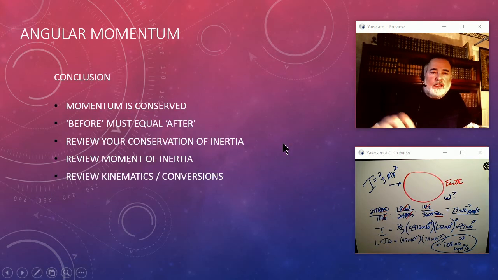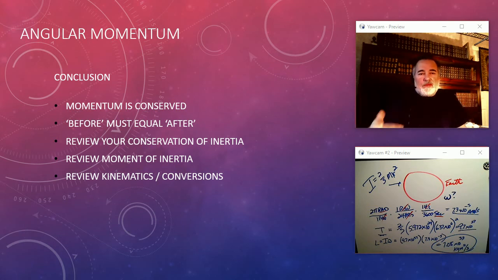Okay, so in conclusion, remember that momentum is conserved. The before must equal the after. Make sure you have your conservation of momentum and your moment of inertia formulas for the different geometries ready for you when you take your assessment.